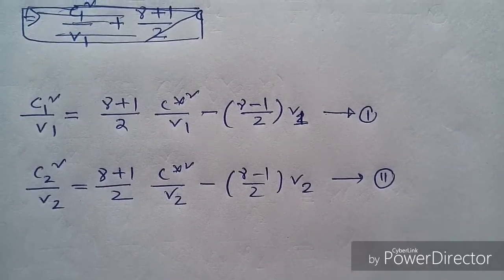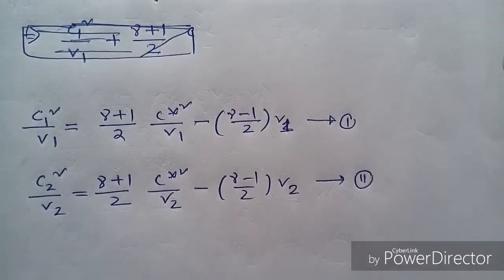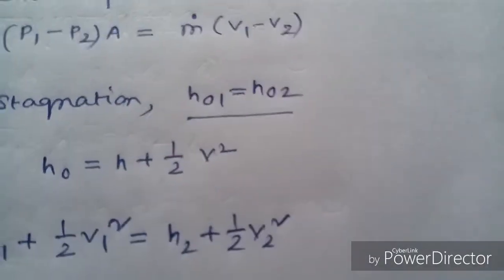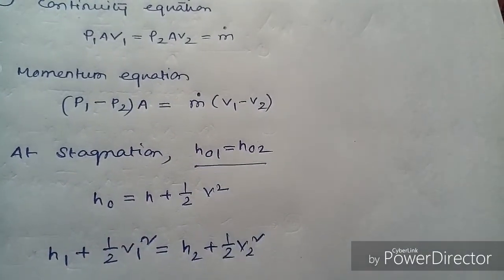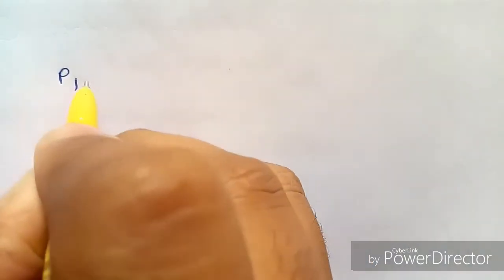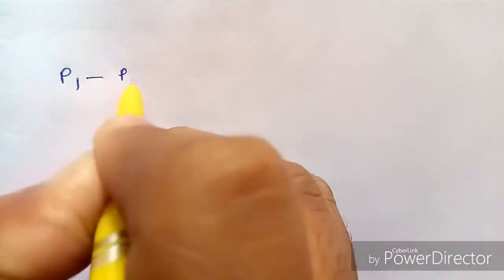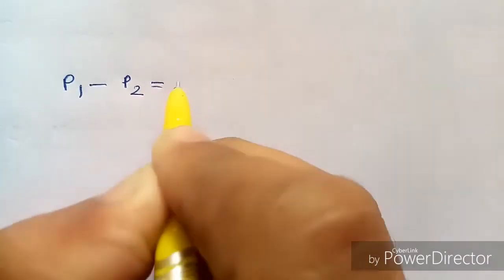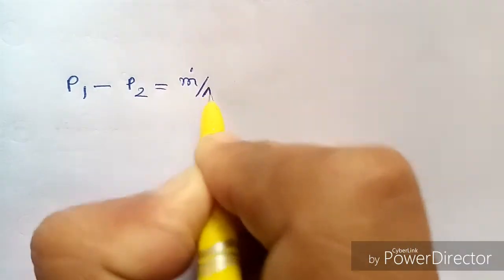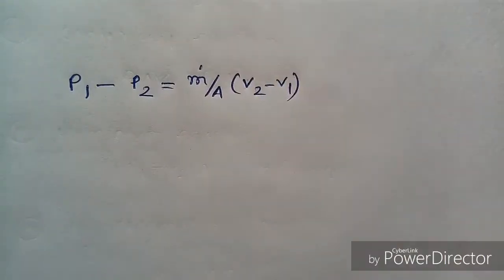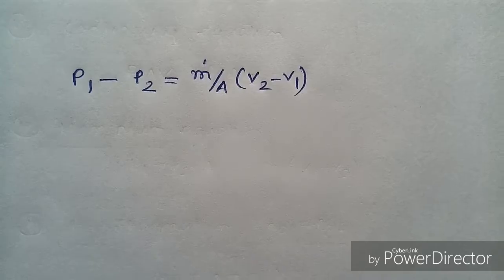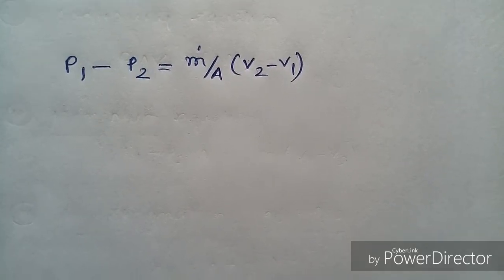Okay. Next step, we will use this momentum equation. You can see here this momentum equation will be used here. So what we get in this momentum equation is that P1 minus P2 is equal to m by A times (v2 minus v1). Now here we have to apply this continuity equation.